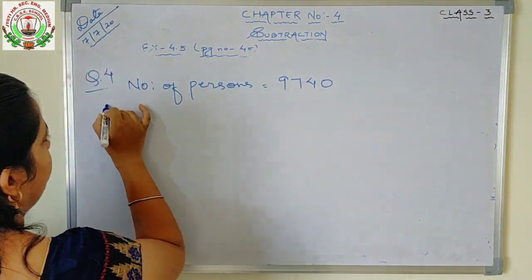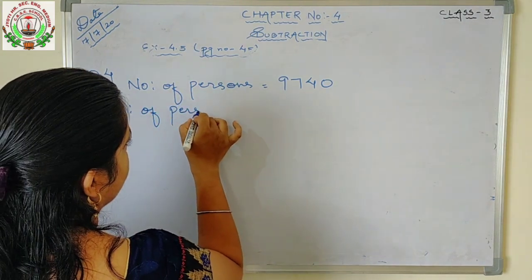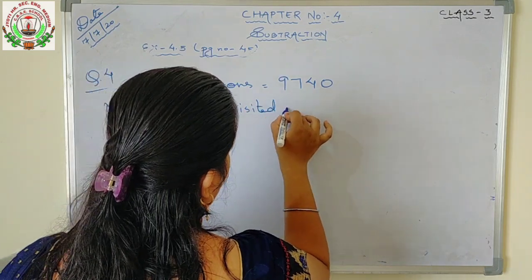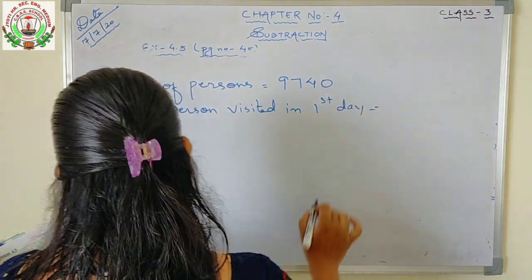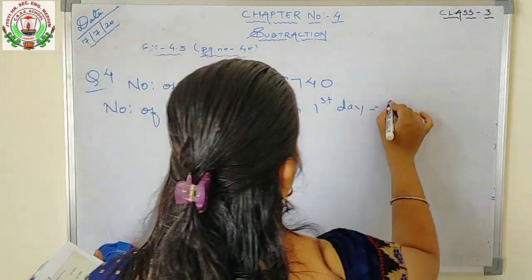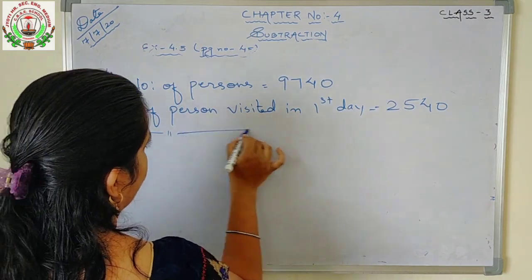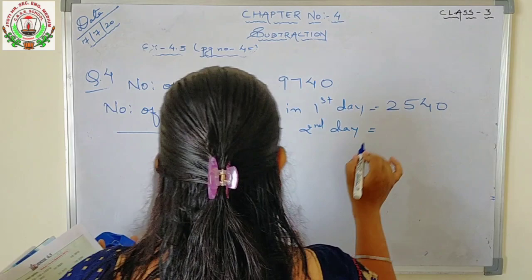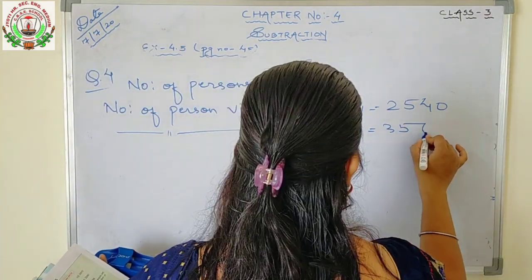Okay. So number of persons visited on the first day: 2,540. And number of persons visited on the second day: 3,560.